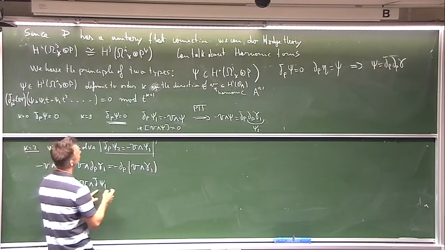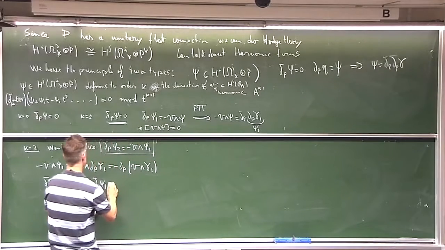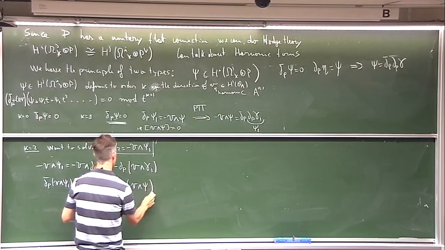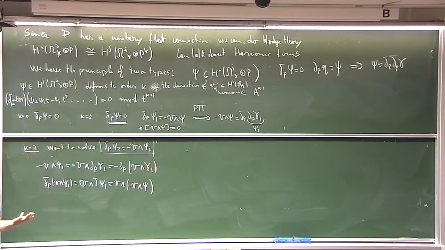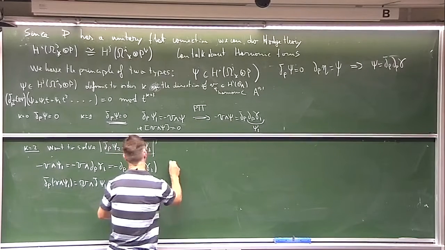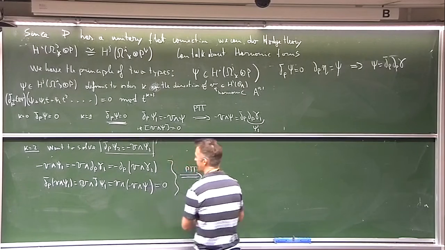And now, what do I know about del bar of psi 1? So this is v wedge minus v wedge psi. But v wedge v is, of course, 0. So this is 0.